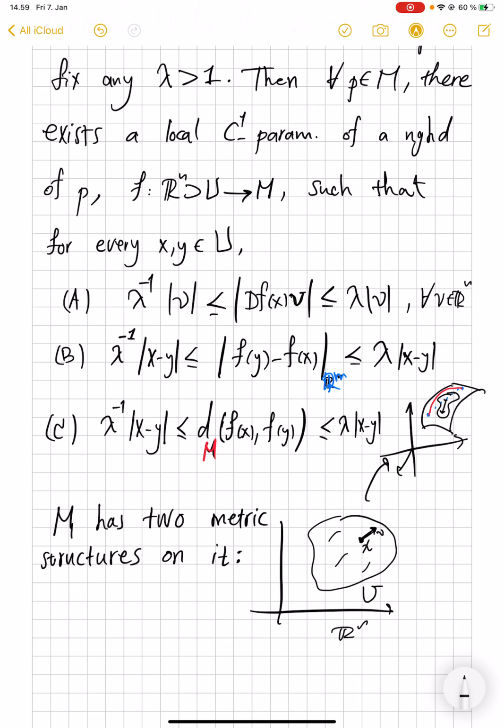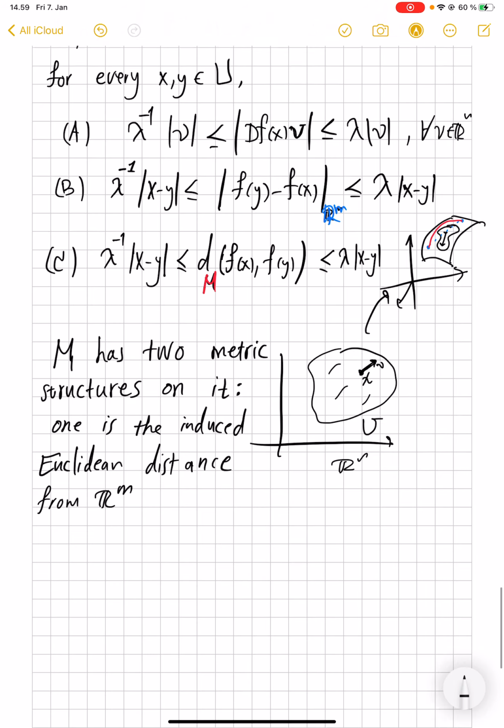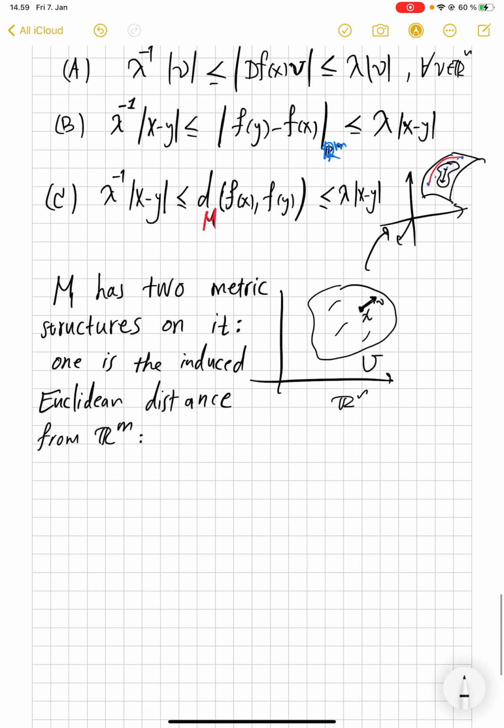Number one is the induced Euclidean distance from Rm, that is, the distance of P from Q is just to take their difference and take the Euclidean norm of that.